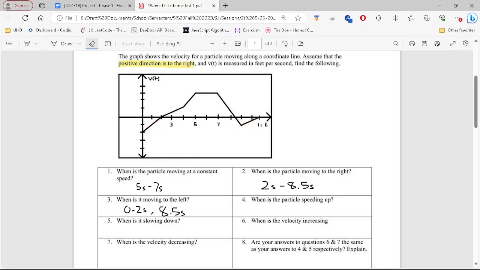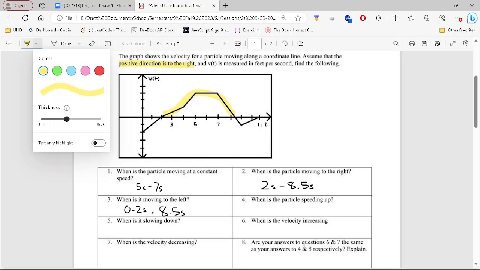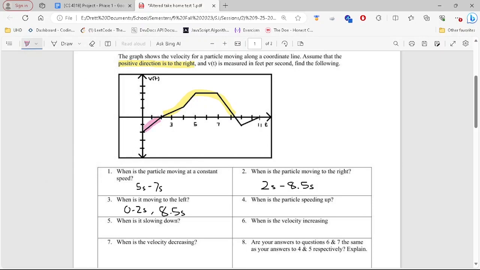It won't be from 0 to 8.5 because right here it is positive between here and here. So it has to be separate from here and here. We need to put the two time ranges in which it is negative in this case.